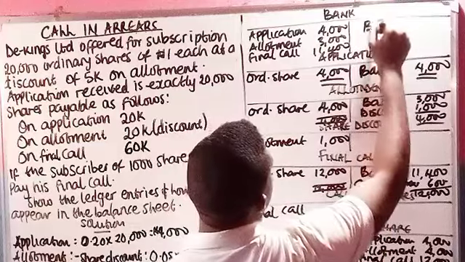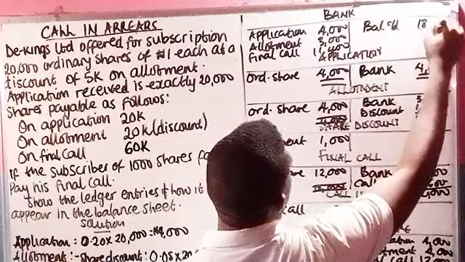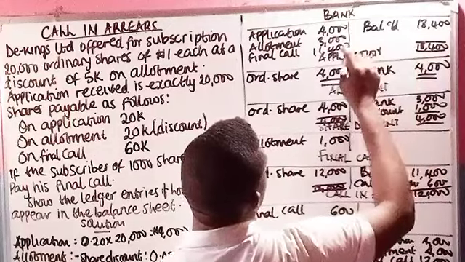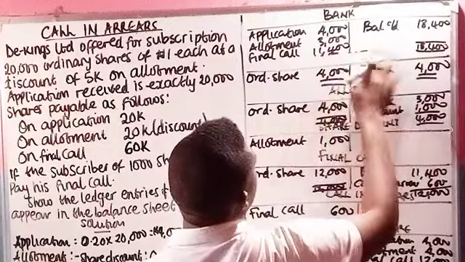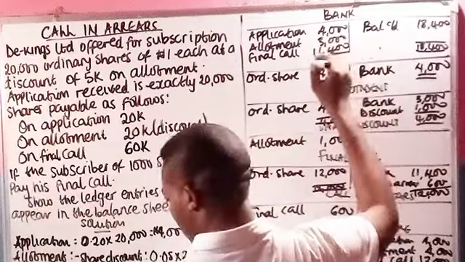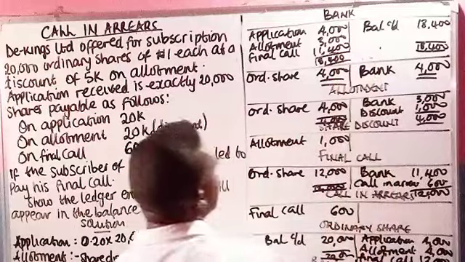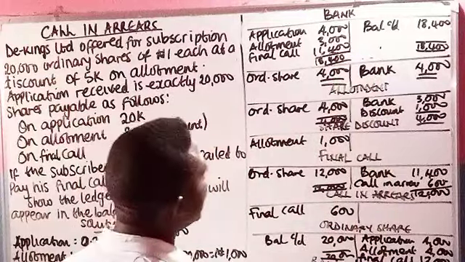So our balance carried down here will be 18,400.